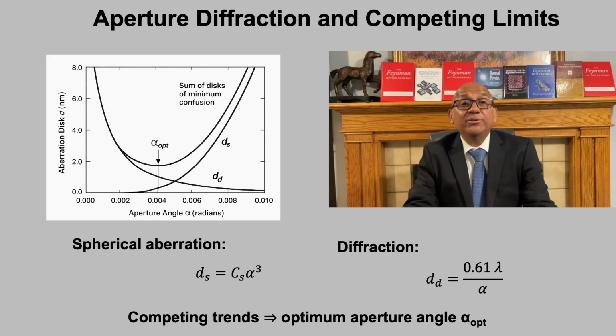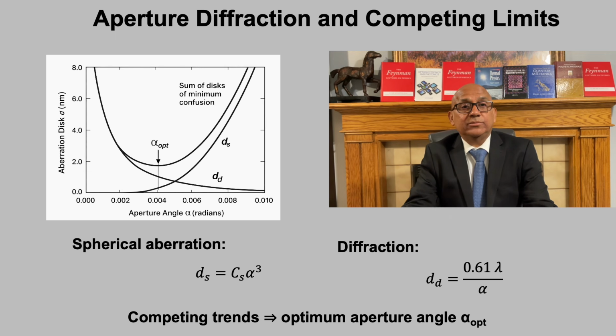Increasing alpha helps diffraction but worsens spherical aberration, while decreasing alpha suppresses spherical aberration but worsens diffraction. The smallest achievable probe size therefore occurs at an optimum aperture angle, where these two effects are balanced. This balance between aberrations and diffraction represents a fundamental limitation of electron optics and plays a central role in SEM probe formation.